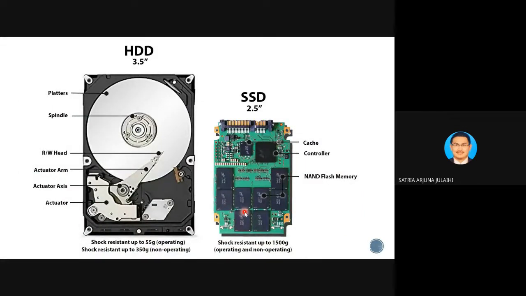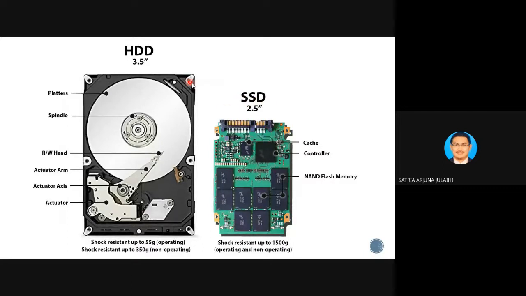This is another category, two categories of hard disk. Just now, the categories were in terms of internal and external, but this one is the type of hard disk, which is HDD and SSD. HDD is a hard disk drive, SSD is a solid state drive.